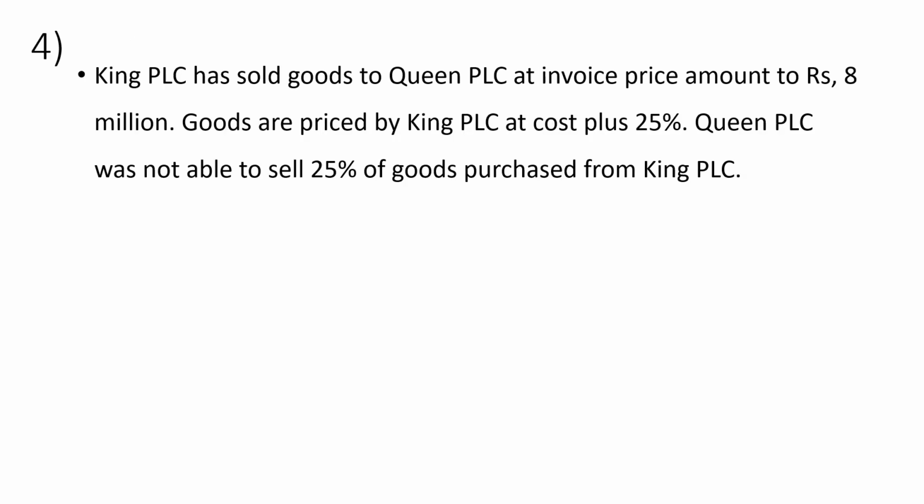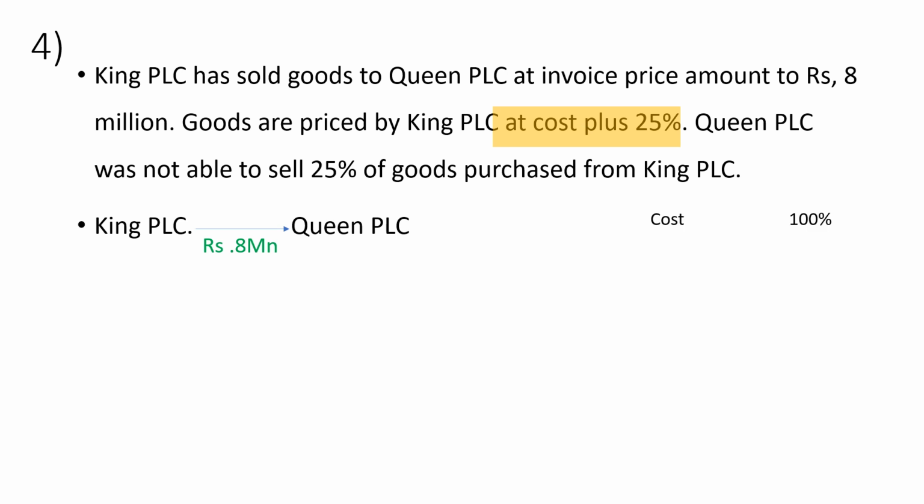Now let's look at the fourth transaction. It says King PLC has sold goods to Queen PLC. The invoice price amounts to rupees 8 million. Goods are sold based on cost plus 25%, which means when the cost is 100, the profit will be 25%.